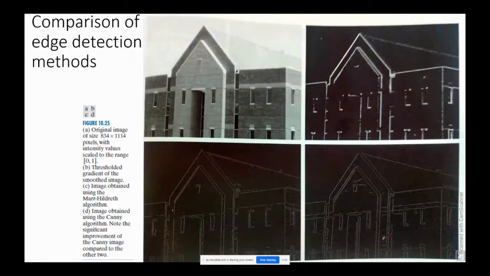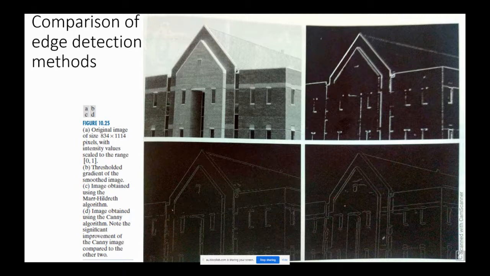So we have the original image here. That's the result of the gradient of this smoothed image. That's basically this: you smooth the image and get a gradient. That's the result of the Marr-Hildreth algorithm, and that's the result of the Canny algorithm. Unfortunately, that's another example where the digital images in the book are not as good as the printed image.